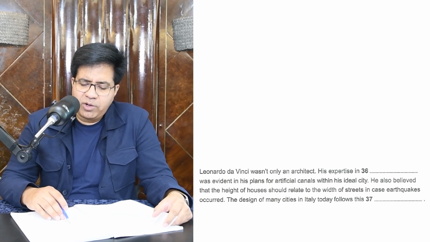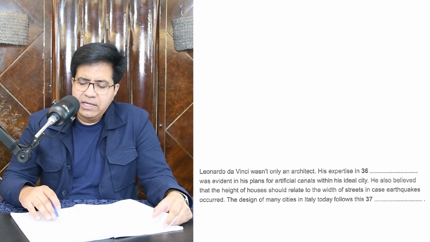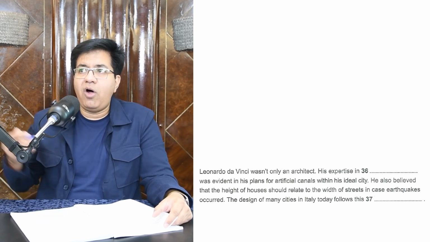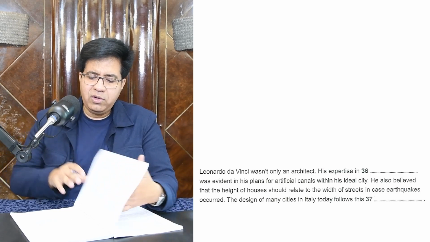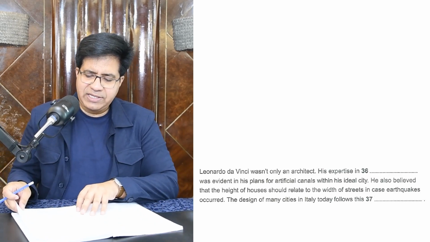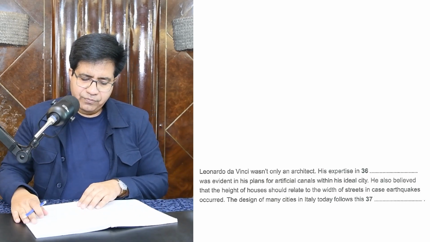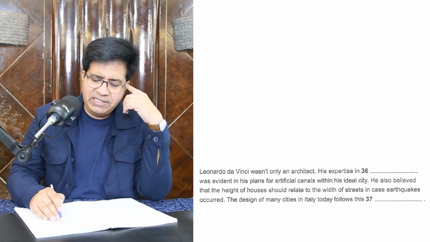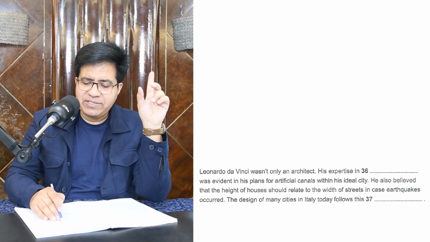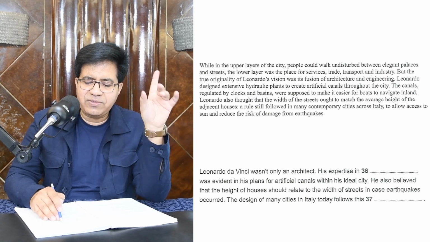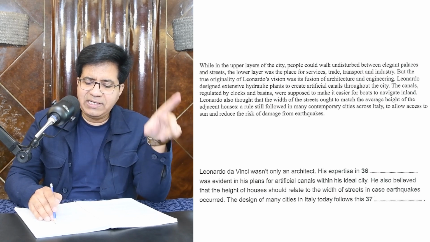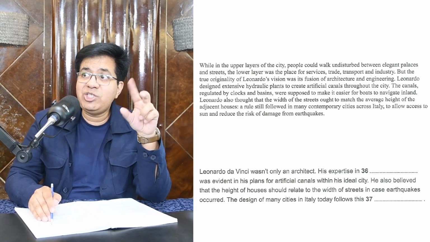Leonardo da Vinci wasn't only an architect. His expertise in, now not only architect but also, we come back. Look for the word architect. Can you see architect? Second page, second paragraph, third line. Can you see the word architect? Architect and engineering.